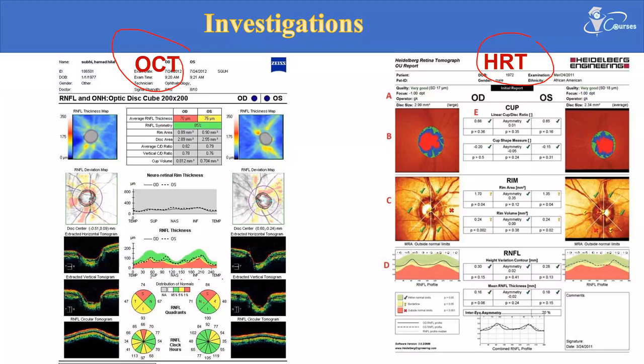Okay, speaking about the latest stage of the disease, if we find that the patient has less than 50 microns of retinal nerve fiber layer, this will not be helpful in the follow-up. Why? Because of what's called the floor effect: after less than 50 microns, there will be no further loss due to gliosis.